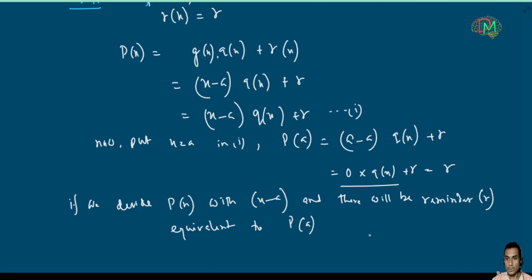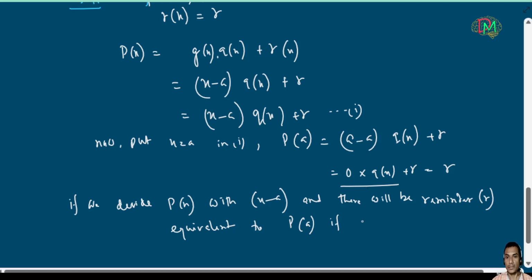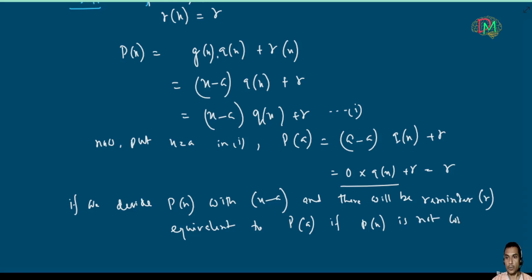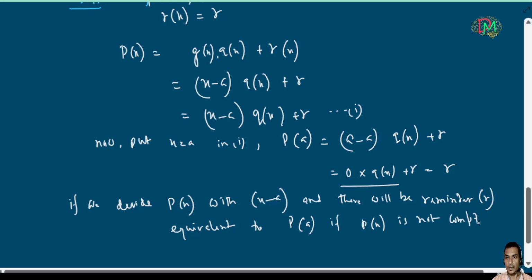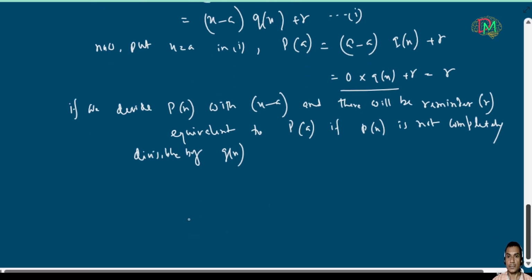Okay, if P(x) is not completely divisible, clear? Completely divisible by what? By G(x). What does that mean?